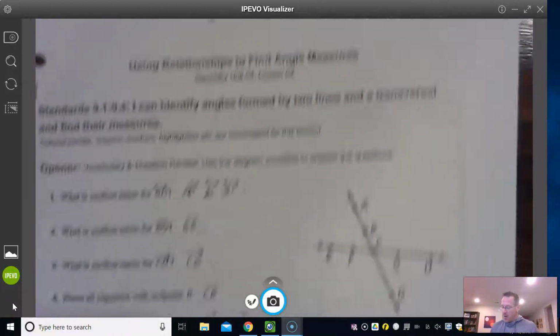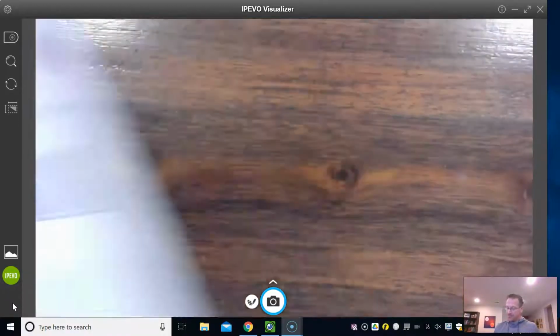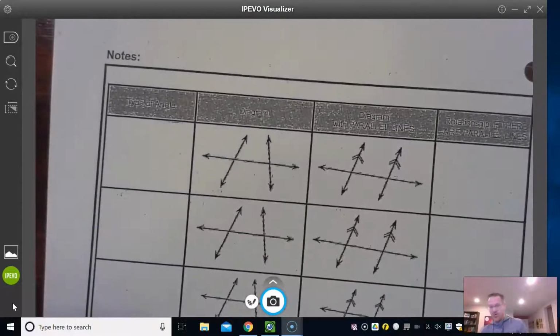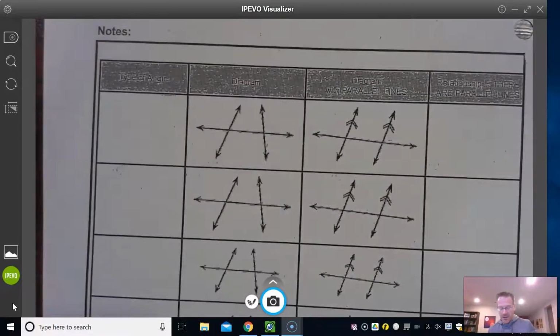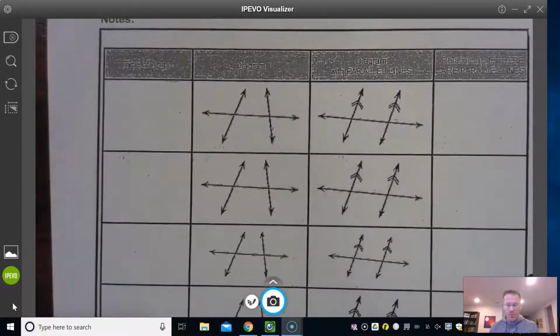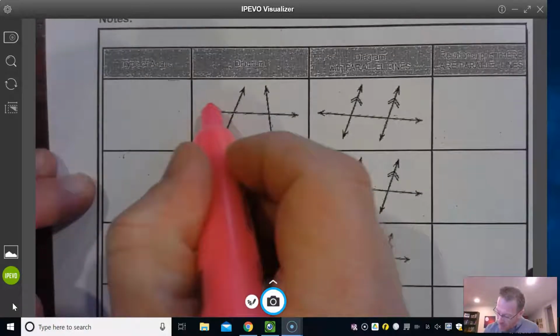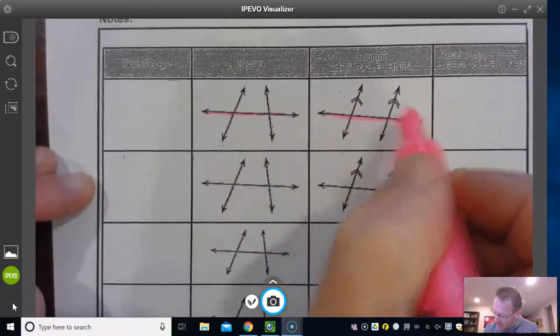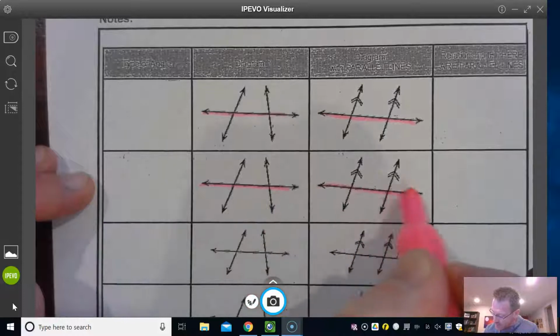All right, let's flip over to page 156 and look at our diagrams here. Once again, I'm going to go through real quick, and I'm going to highlight our transversal. I'm going to use pink this round. I'm going to do that in all of our pictures here.